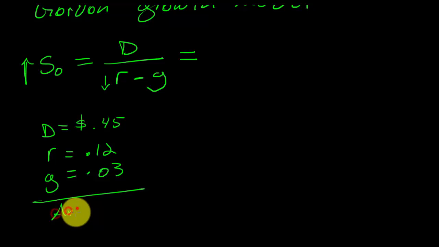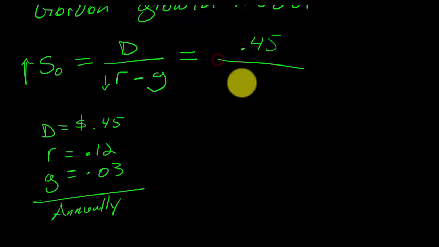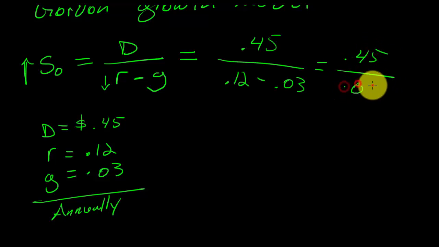This is nothing more than plugging in the numbers: 45-cent dividends per year divided by R, 0.12, minus G, 0.03, which is equal to 0.45 over 0.09.